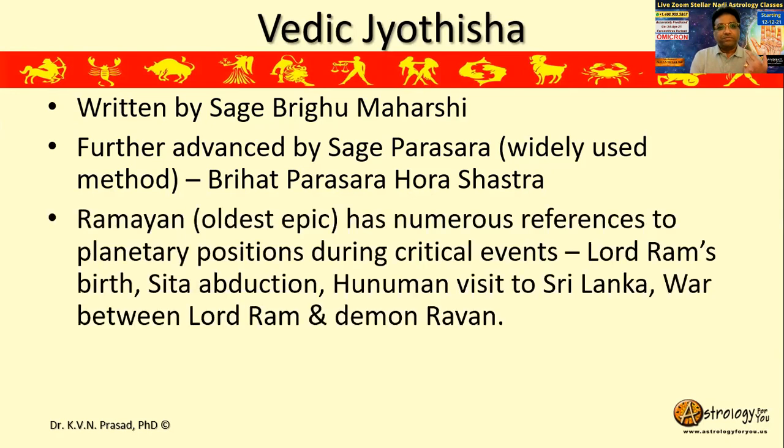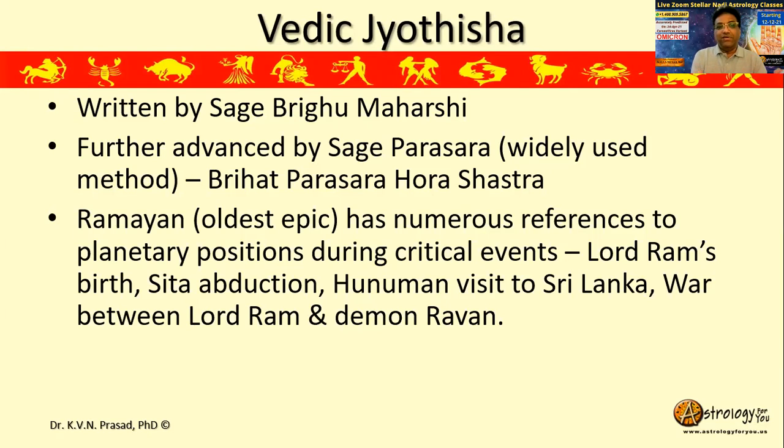I also use the Ramayana as proof of how old astrology is. In the Valmiki Ramayana we have so many references to this Jyotisha Shastra. Lord Ram's horoscope is there in the Valmiki Ramayana.